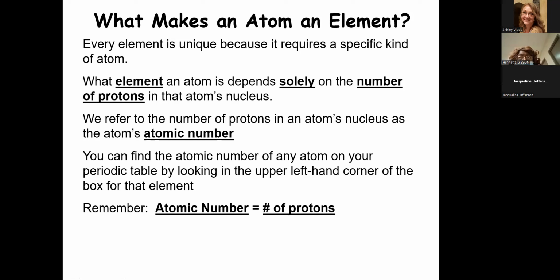So if I say this element has 4 protons, then you have to look for the element that has an atomic number of 4, which in this case would be, if I'm not mistaken, hold on. See, I told you we would be looking at that periodic table.